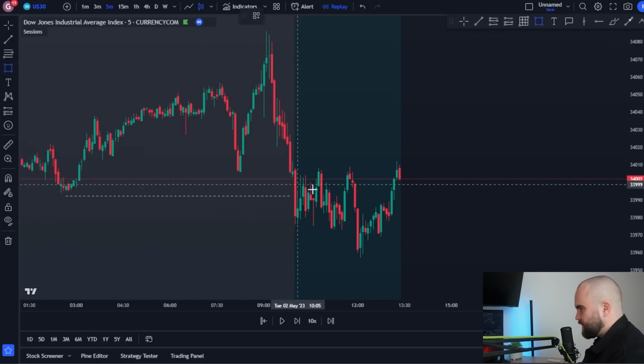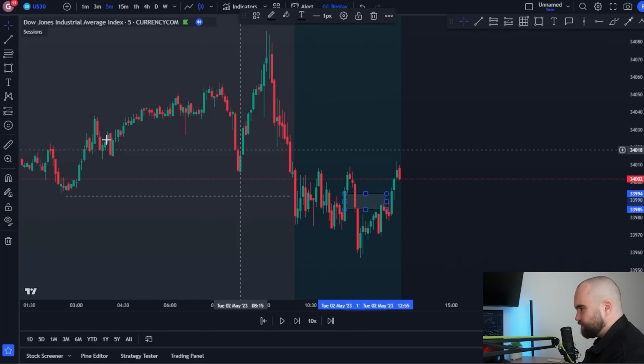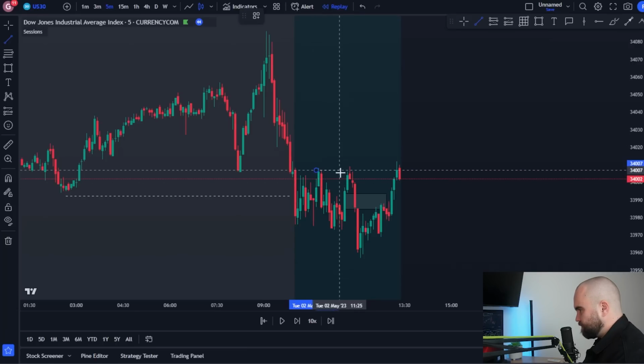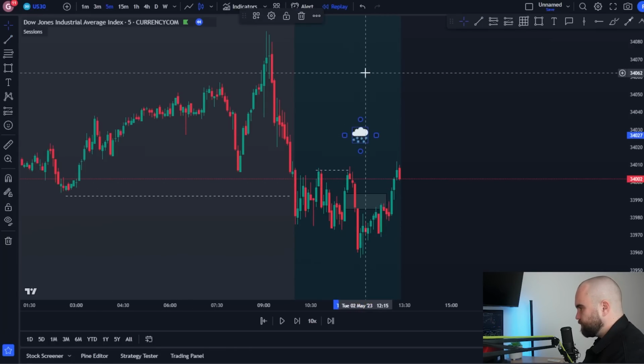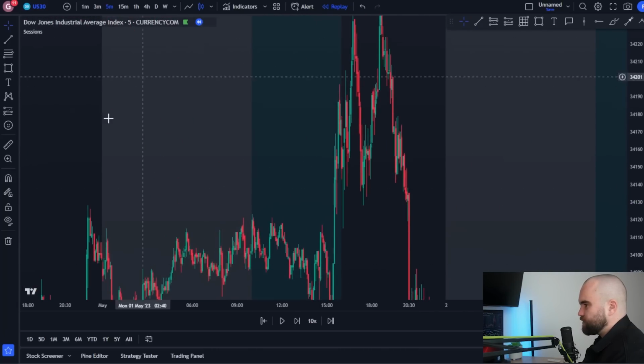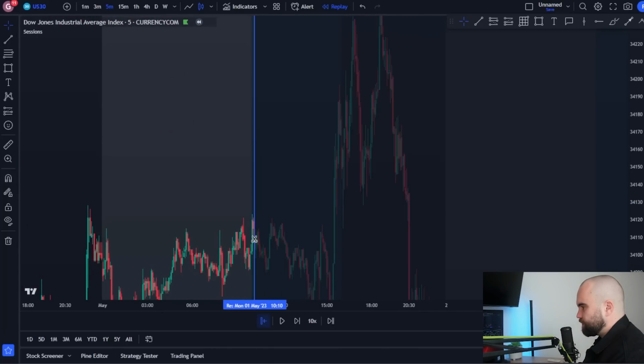So here is actually an entry because we got the break after the sweep. Okay, and so this would have been a losing trade as well. So let's hop on to the next day.